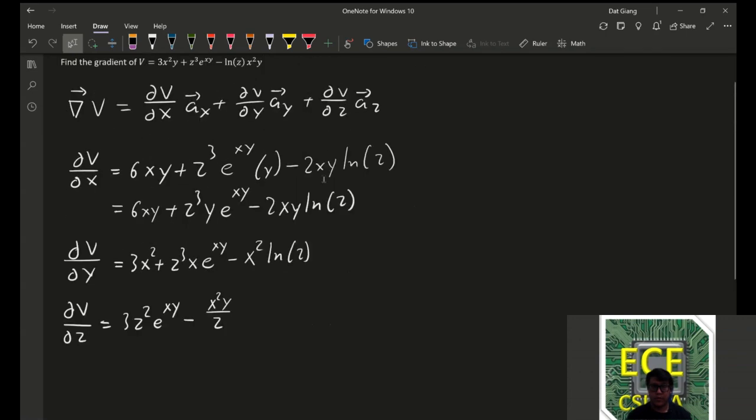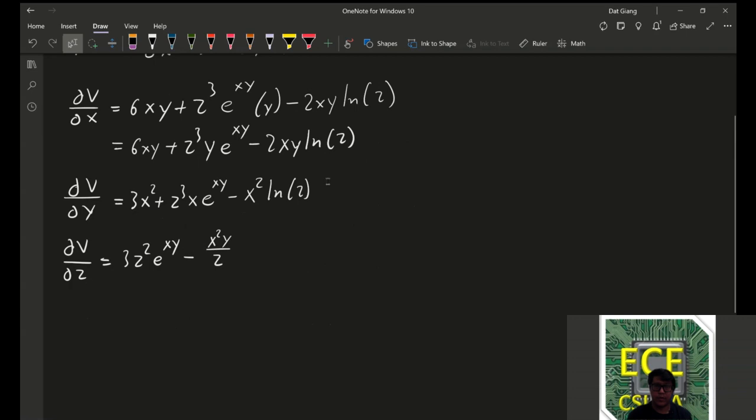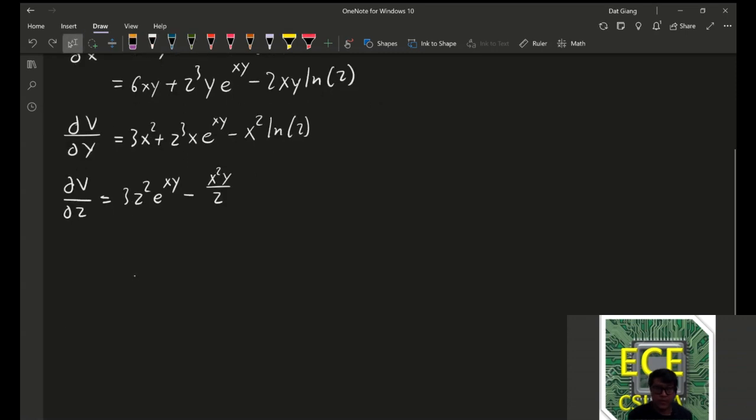Okay, so now we're ready to assemble our gradient. Just to make it a little easier to see, we're going to assemble our gradient row by row. So in the x direction, the gradient of v is going to be 6xy plus z cubed y e to the xy minus 2xy ln of z. Then we go into the next row.